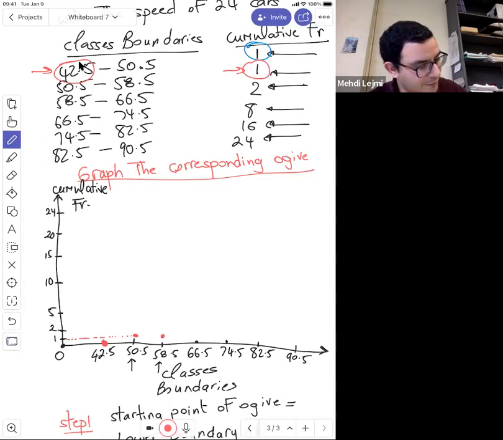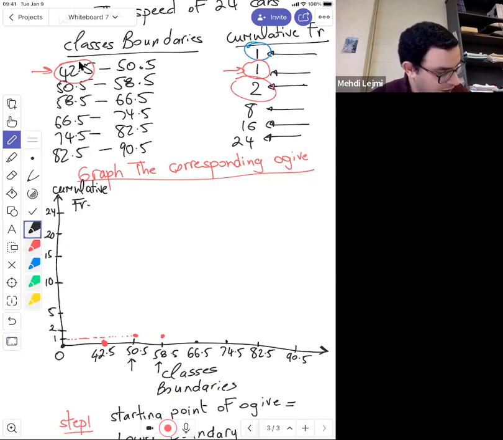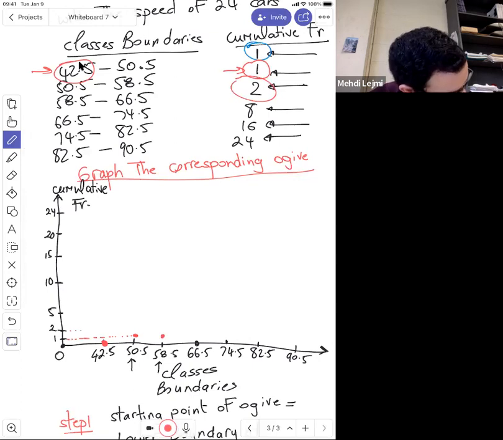Cumulative frequency of the third class is 2, as you can see. So next point, next class boundary: we need to go up by 2 units. Here I'm gonna plot this point.